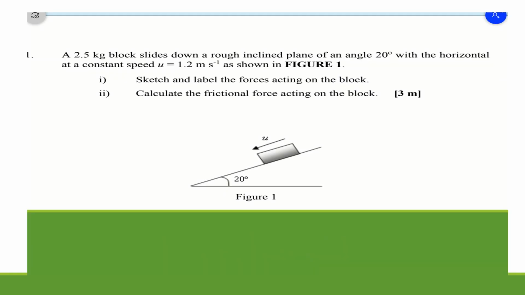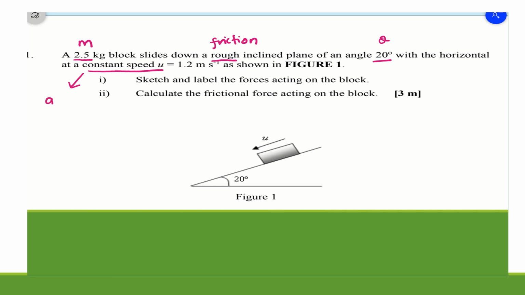Chapter 4, Question 1. A 2.5 kilogram block, this is mass, slides down a rough inclined plane. Rough means there is friction force between the surface and the object. The plane is at an angle of 20 degrees, this is the symbol for theta, with the horizontal, at a constant speed.